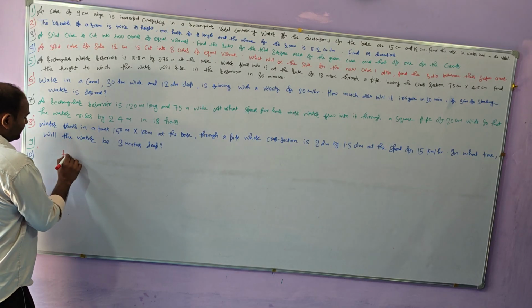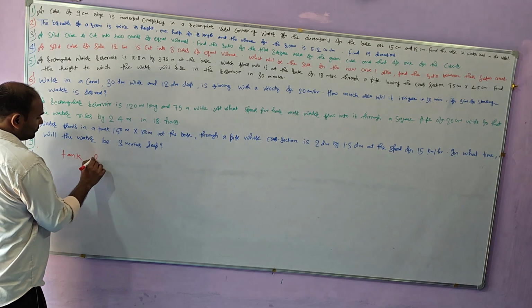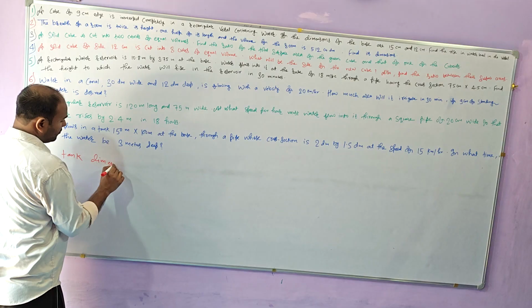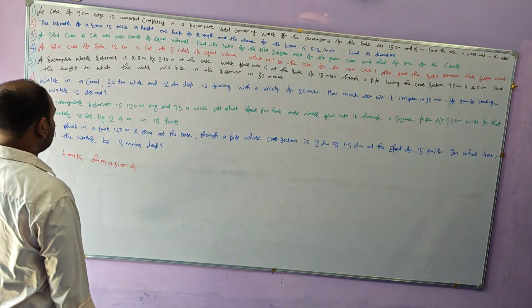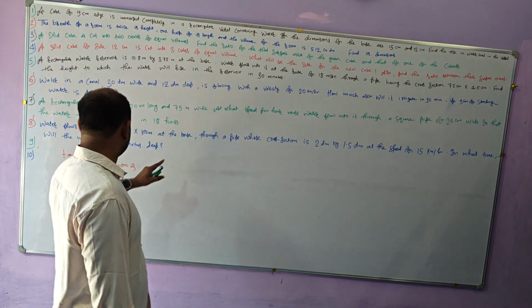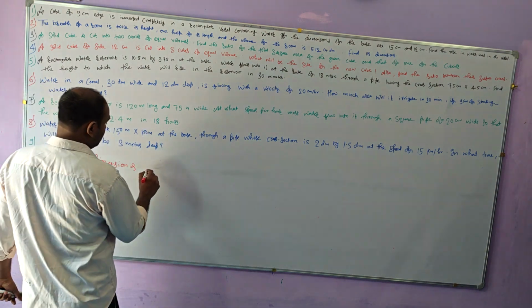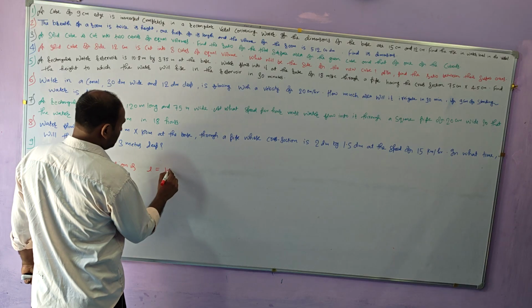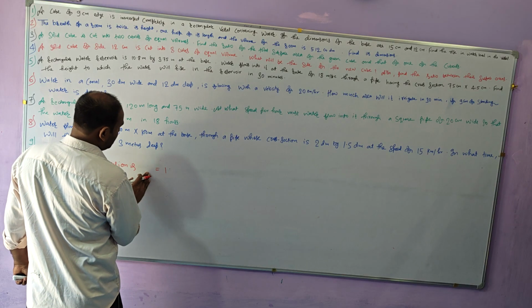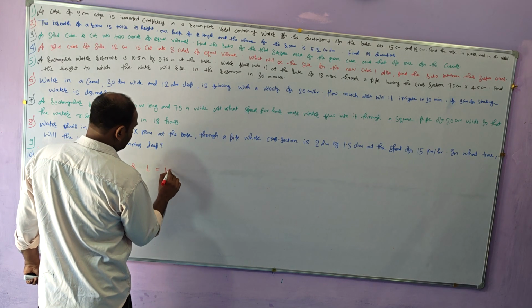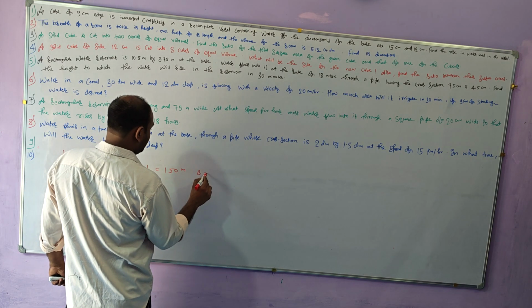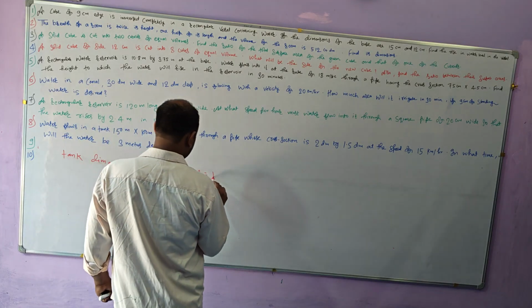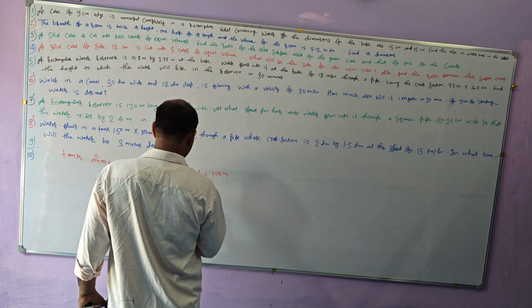So we have the tank dimension at the base: L is equal to 150 meter, B is equal to 100 meter.